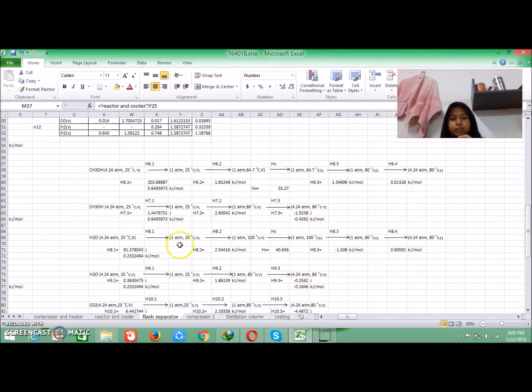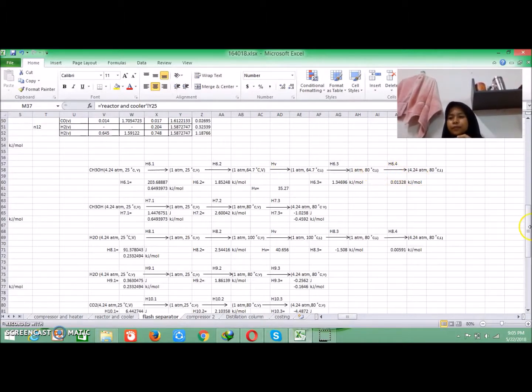For all the substances that we have to change the phase, we have to go for the boiling point, and then we have to add the heat of vaporization, which is from vapor to liquid, and then from boiling point to 80 degrees Celsius, and then from 1 atm to 4.4.